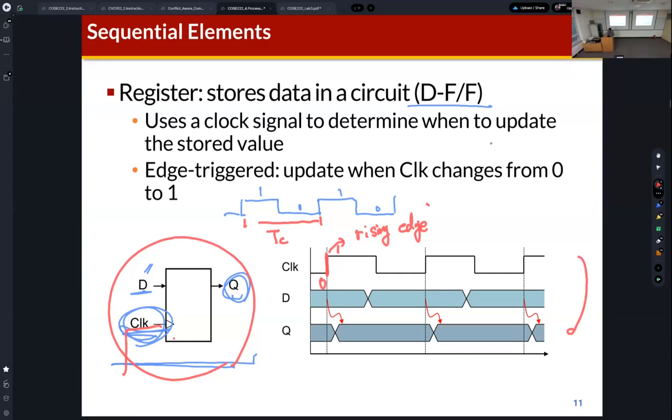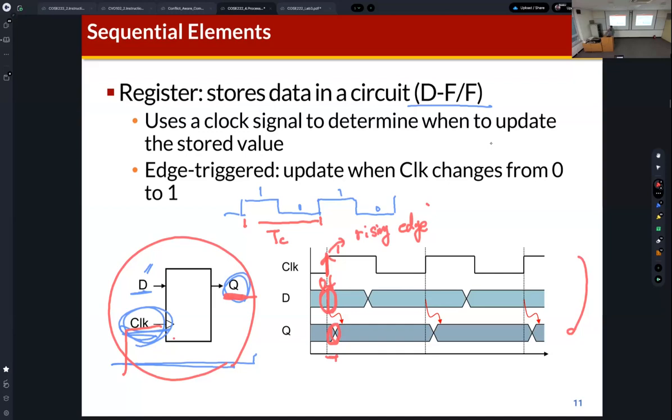In the D flip-flop, at the rising edge of the clock signal, it samples the value of D. So at this point, it samples, okay? And this value is reflected to the Q, but after some delay, because this is also a circuit, okay?